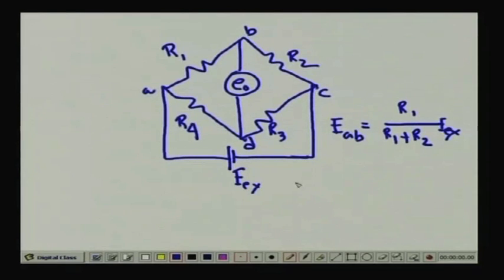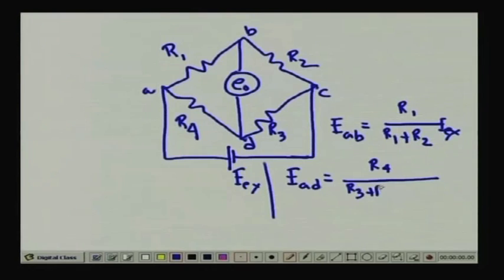Similarly, the potential across the resistance R4 can be derived as E_AD equal to R4 upon R3 plus R4, that means the current flowing in this path, multiplied by Ex.